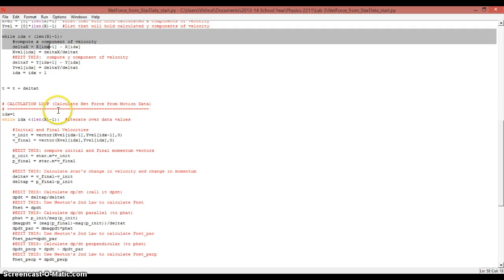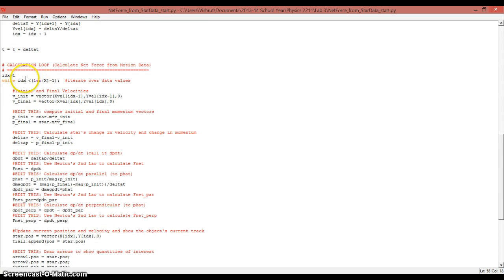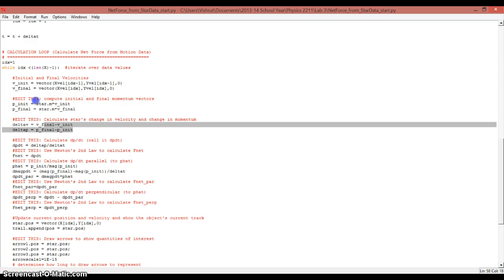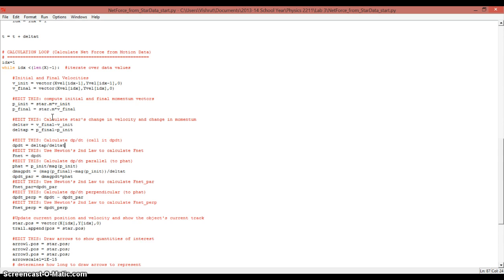Here is our second loop where we calculate the net force from the motion data. We found the initial velocity and the final velocity and the initial momentum and the final momentum, by taking the mass of the star times the final velocity to get the final momentum, and the mass of the star times the initial velocity to get the initial momentum. We calculated the star's change in velocity and change in momentum, and using this we did change in position over change in time in order to find dp dt.